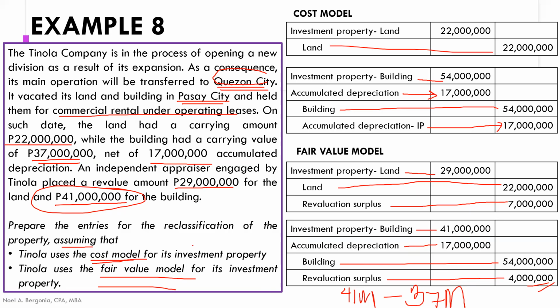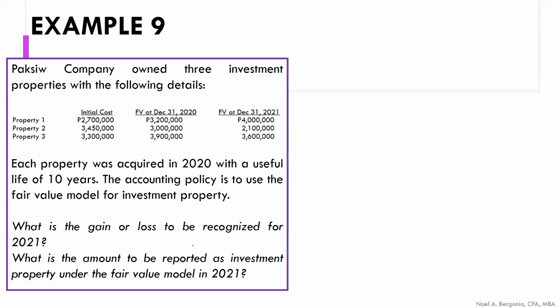So let's proceed with another example. Example number 9. So the questions are what is the gain or loss to be recognized for 2021 at saka what is the amount to be reported as investment property under fair value model in 2021. So Paxiw Company owned 3 investment properties with the following details.